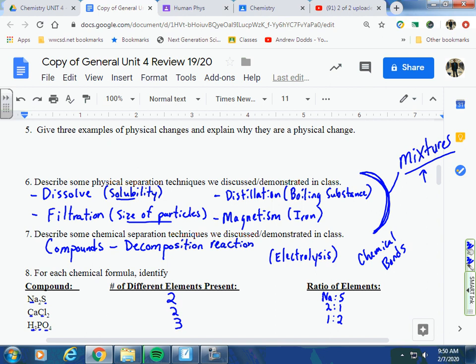I can look at the first element, H. There are 3 of them, then P, capital P with nothing behind it, so there would just be 1, and then 4 for oxygen. So that would be a 3-to-1-to-4 ratio. Okay, good with that?